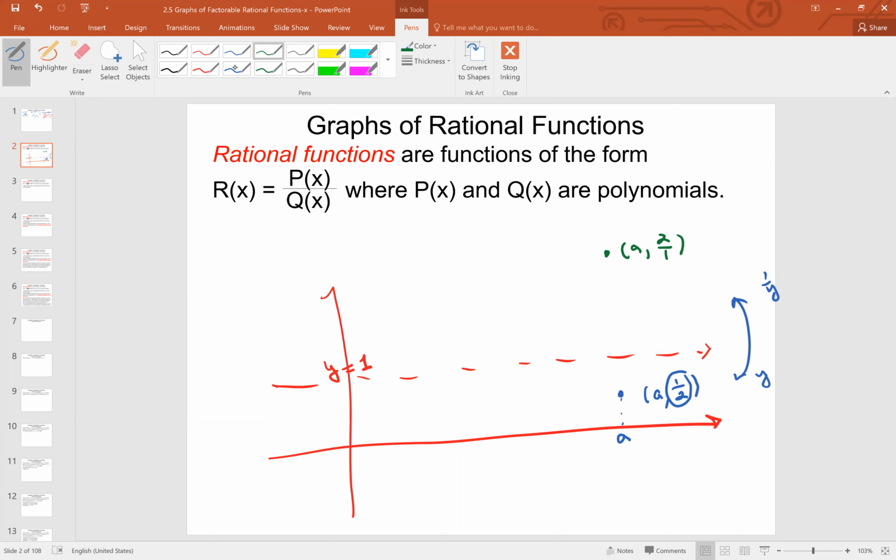If I do this again and choose a point, say B over here, even lower, say 1/3, its reciprocal point is going to be flipped even higher, up to 3 over 1, or B 3. In particular, as the y of the points gets smaller and smaller, their reciprocal points plotted will be higher and higher.